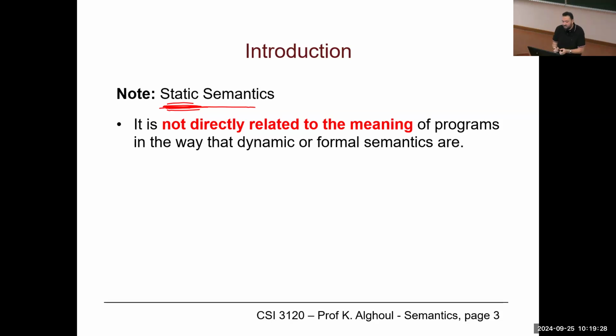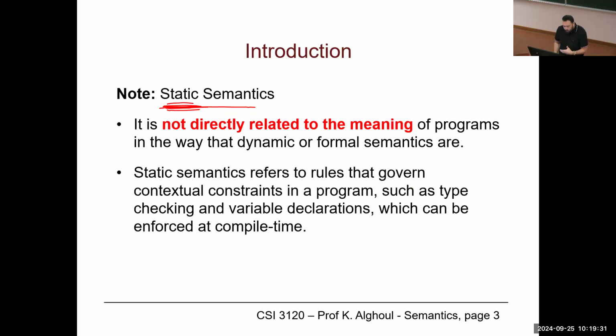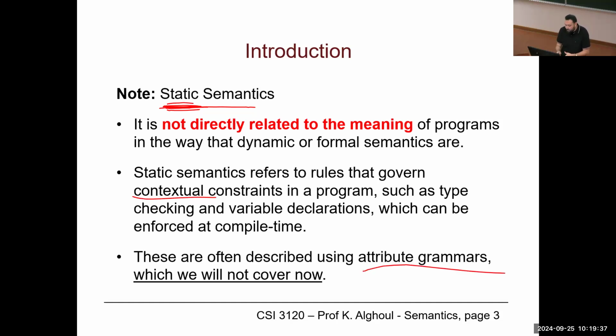Static semantics is just a way to explain the rules that govern contextual constraints, and it's related mainly to attribute grammars. When we're talking about the meaning, you're going to hear the words formal semantics or dynamic semantics. So formal and dynamic is what we mean when we say the meaning of the program. I just put this here in case you're reading online and you pass by static semantics.